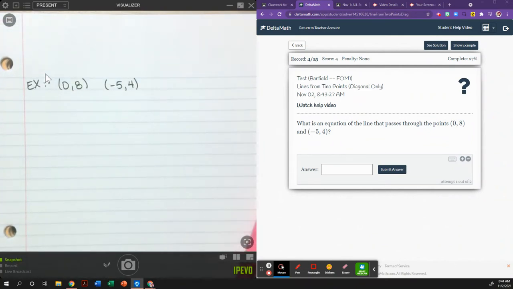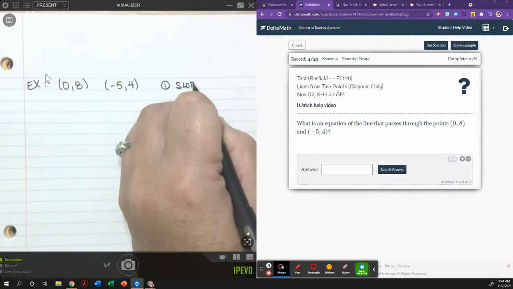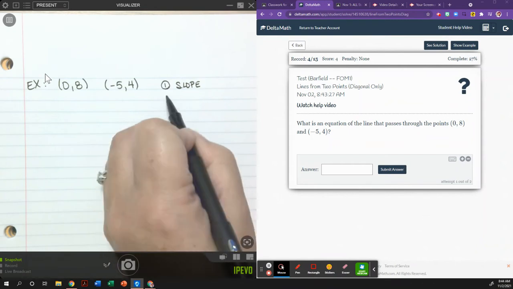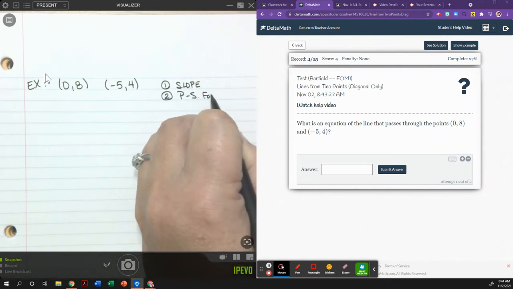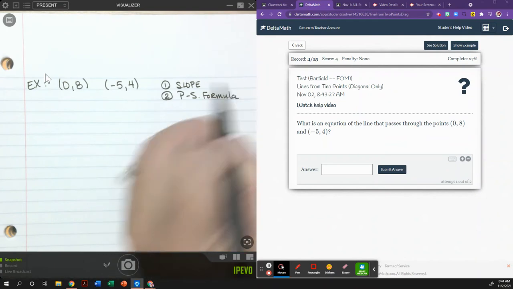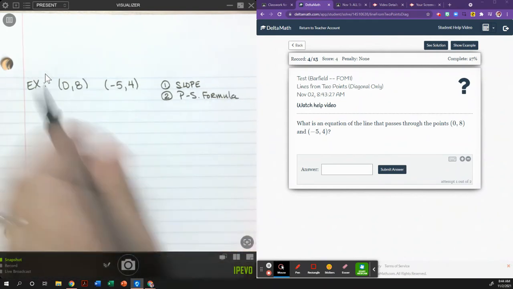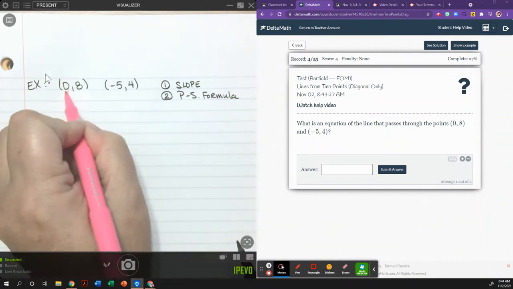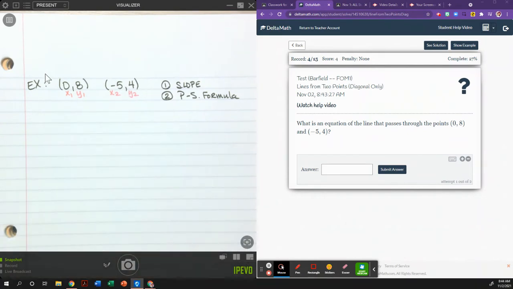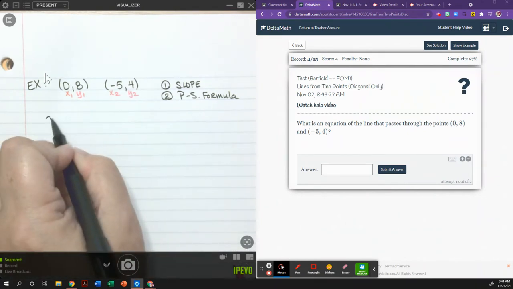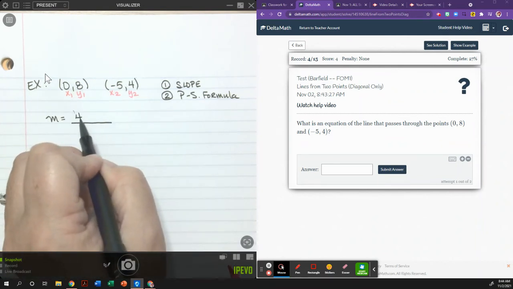All right, so I get m equals y2, which is 4, minus y1, which is 8, over x2, which is negative 5, minus x1, which is 0.